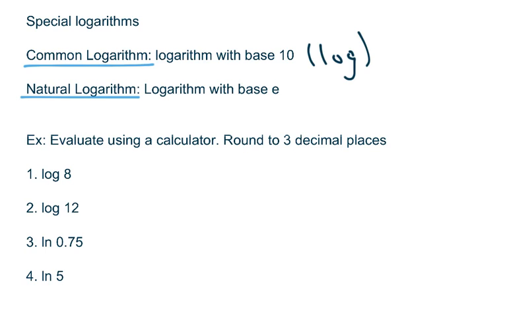Anytime you see a logarithm written without a base, like these two right here, that I've got examples of that we'll get to in just a second, we assume that it is base 10. If it's not base 10, there will be something written there for the base. So a common log is the log with base 10. It's the log button on your calculator. It's right next to the 7 if you're looking at your graphing calculator.